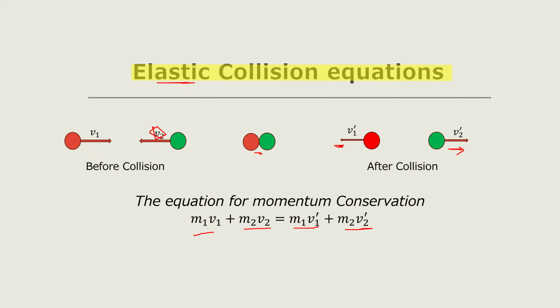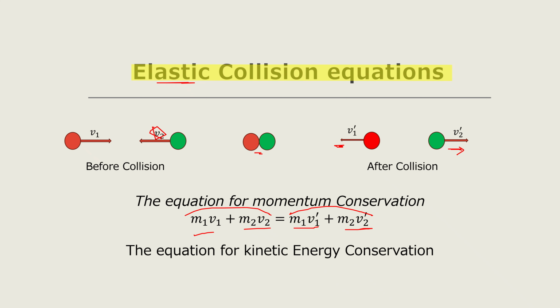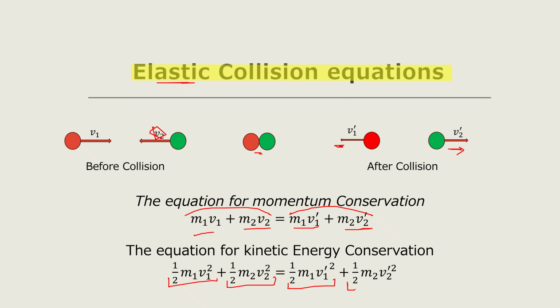So the total momentum before collision must be the same as the total momentum after collision. Similarly, we can also write for kinetic energy conservation: the kinetic energy of the first ball plus the kinetic energy of the second ball before collision must be the same as the kinetic energy of the first ball after collision plus the kinetic energy of the second ball after collision.